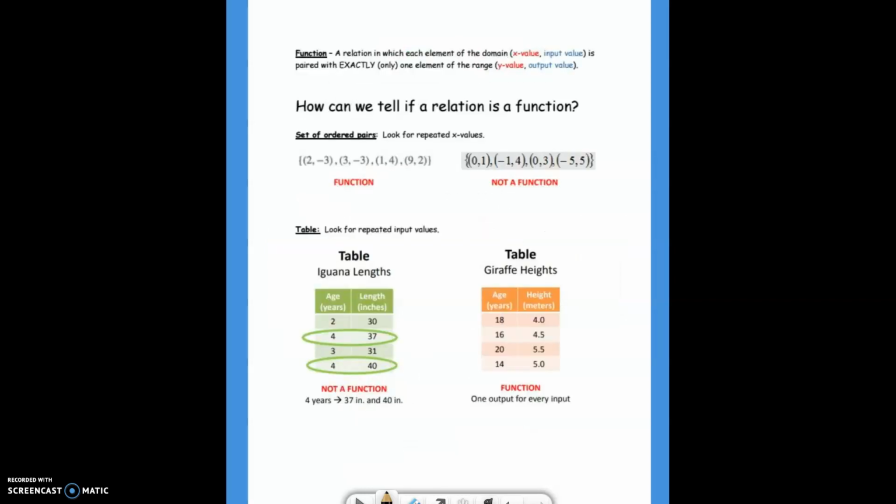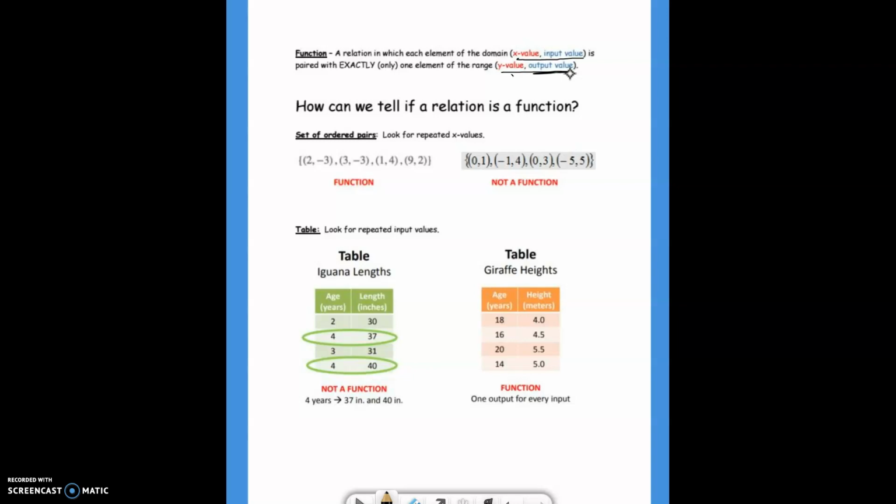All right, so let's take a look at what we are calling a function. A function is a special type of relation in which every x value, or input, is paired with only one output value. It's pretty easy to look at the difference. So we have ordered pairs here.